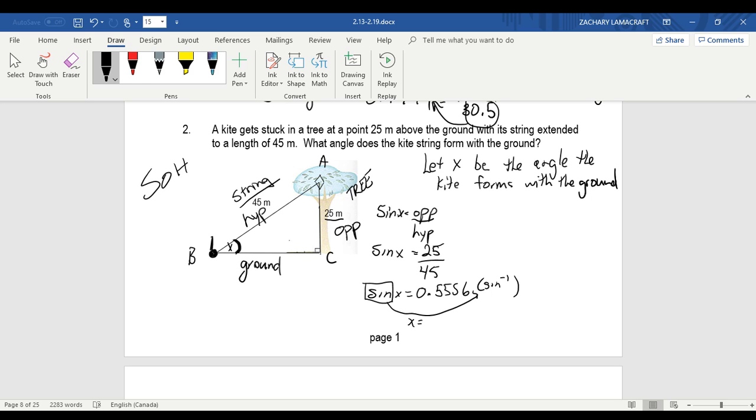So in this case, if we did second function and the sine -1 button, we're going to get an answer of 33.74 degrees. However, we're going to round that to the nearest degree, which is 34 degrees. And we can conclude with the angle made is 34 degrees.